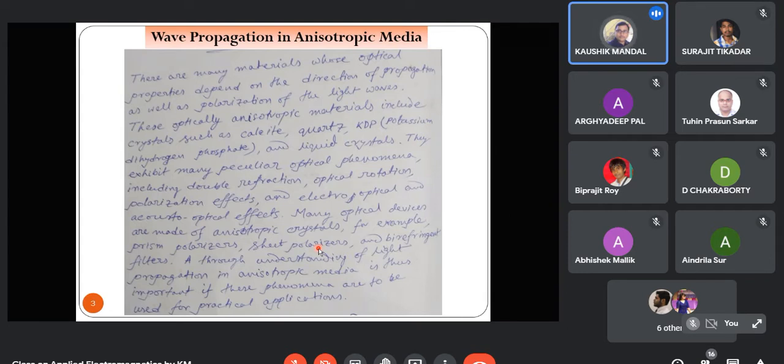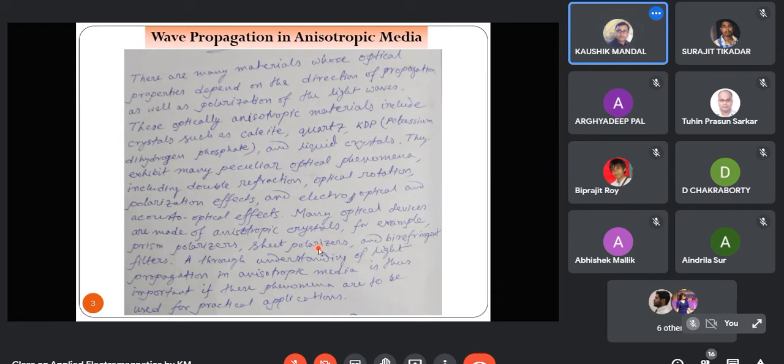So these are different types of optical devices that are made with the help of optically anisotropic materials, and these devices can be made only with the help of anisotropic materials due to their peculiar phenomena or properties.